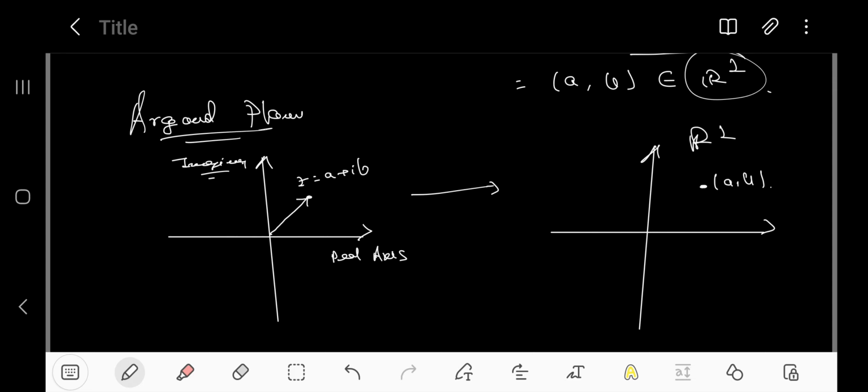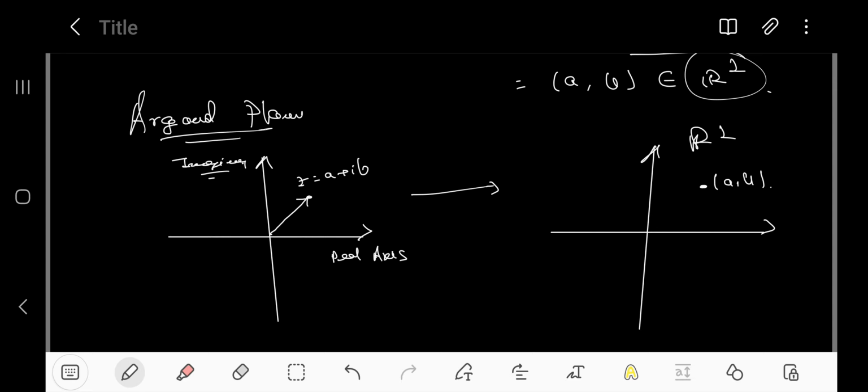This also ensures one more thing, that the topological properties of C are equivalent to the topological properties of R2. And since we are currently talking about complex analysis, I'll obviously assume that you are pretty much acquainted with basic real analysis, and basic analysis of the R2 plane as well. So there is nothing much to talk about the topological properties of the complex field, because it is exactly the same as that in R2.